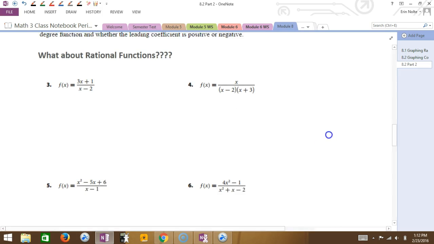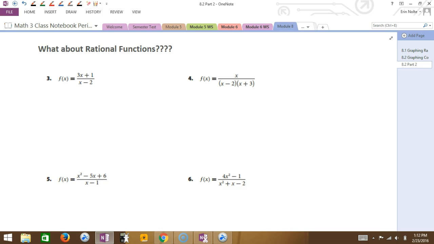Okay, so the first thing that I'm going to do is go over what I did in the last assignment, and I'm going to graph this. First of all, do I have a horizontal asymptote? Yes. Where is my horizontal asymptote? Is it bigger on top, bigger on bottom, or is it the same? Same.